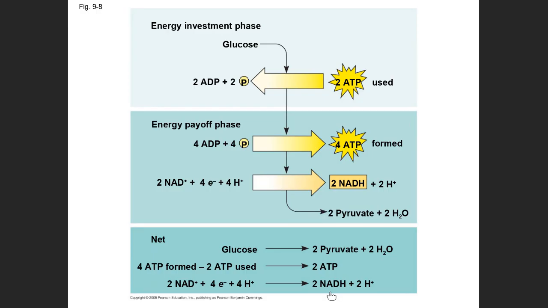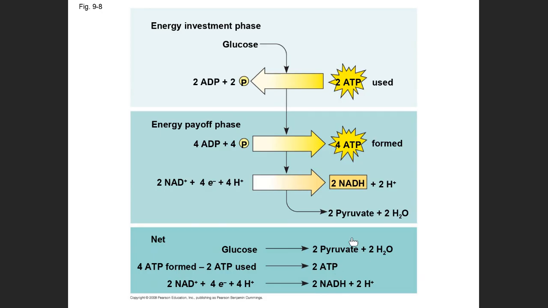It also has produced 2 NADHs. Those NADHs are carrying electrons to the electron transport chain to make ATP. So the cell's already started to save or store electrons in order to make ATP. The cell's made just 2 molecules of ATP in glycolysis.